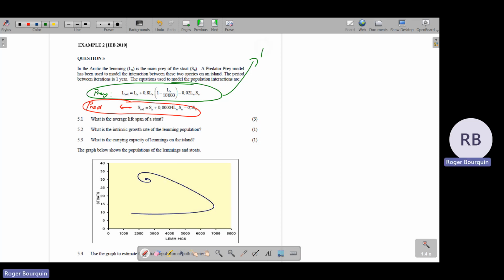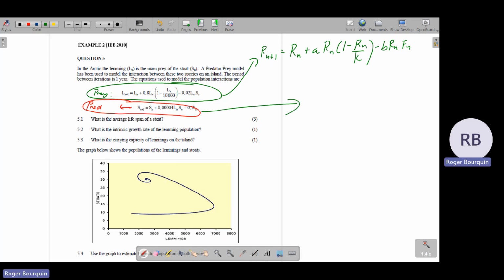And rabbit n plus 1 is equal to the rabbit plus a, which is the birth rate, r_n, times 1 minus r_n over k, minus b r_n f_n. So that goes with this thing over here. A lot of this is going to be about matching patterns, right?